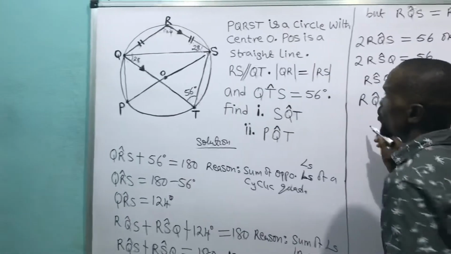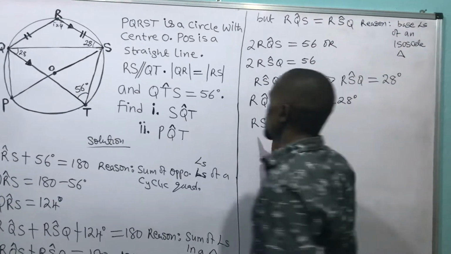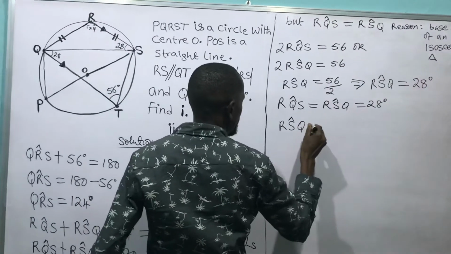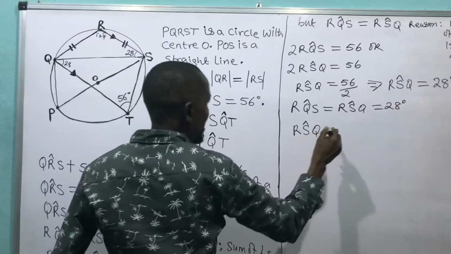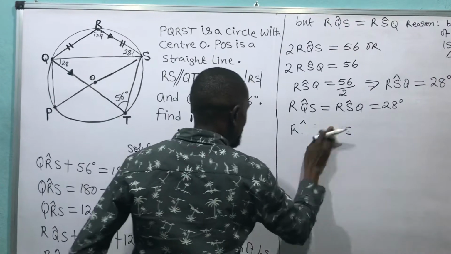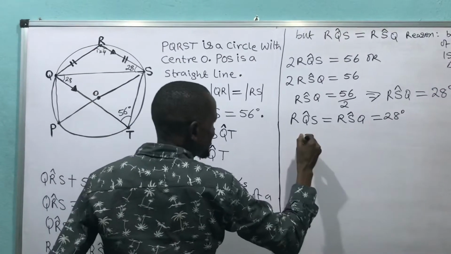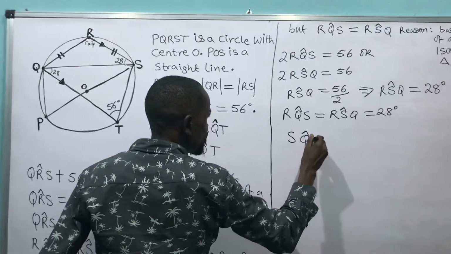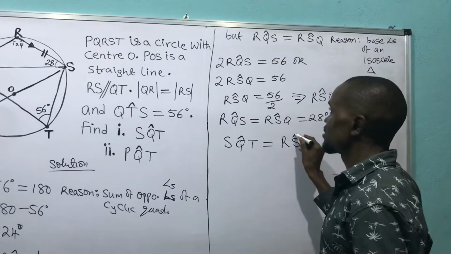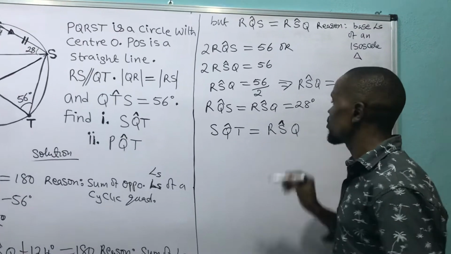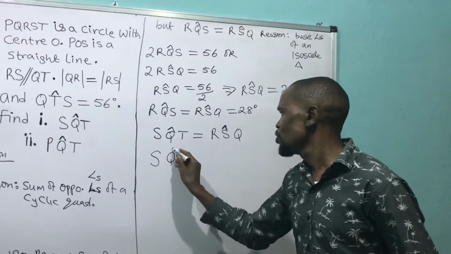What it means is that XQT is equal to angle RXQ.